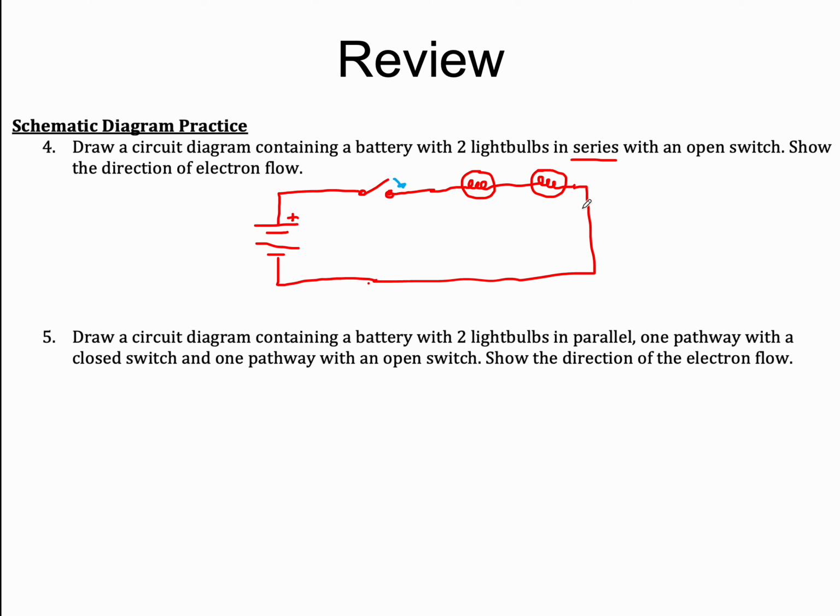And then show the direction of electron flow. Oh, that's tricky. So electrons are going to be flowing around the circuit this way. Not the direction that we normally draw current going. But yeah, electrons are going to be going around the circuit in this direction.